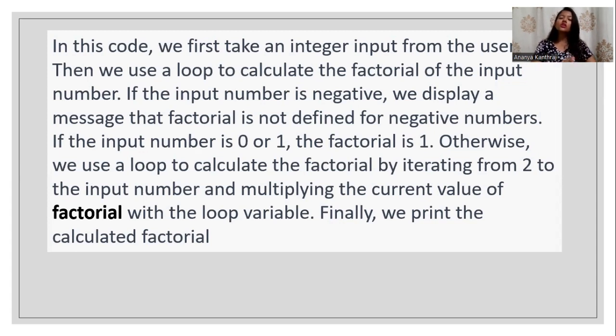If the input is 0 or 1, the factorial is 1. Otherwise, we calculate the factorial by iterating from 2 to the number and multiplying the current value of the factorial with the loop variable. Finally, we print the calculated factorial.